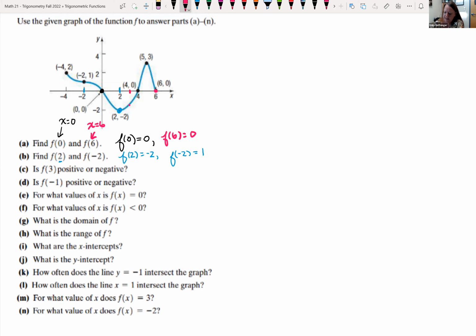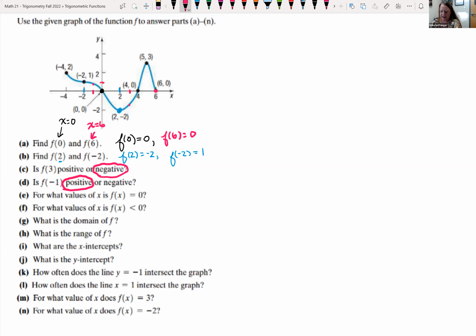So f of 3 is going to be a negative value. Is f of -1 positive or negative? So again, I'm looking at when x is -1, is my graph falling above or below the x-axis? Above the x-axis, my y value is positive. And so f of -1 is a positive number.